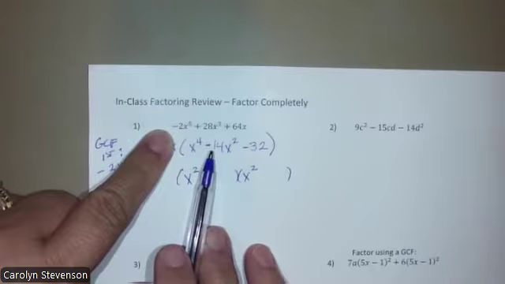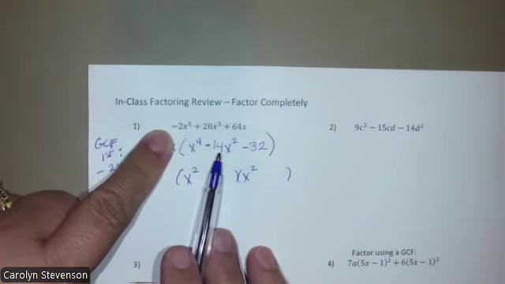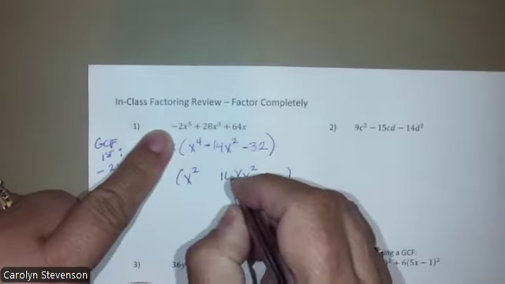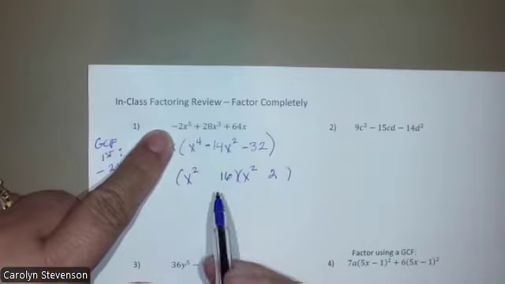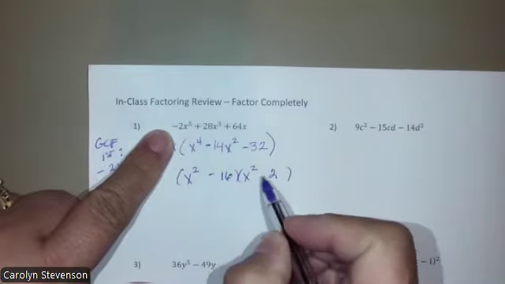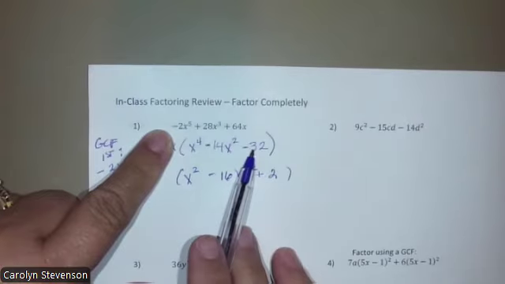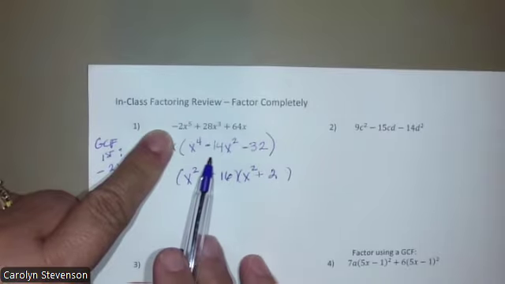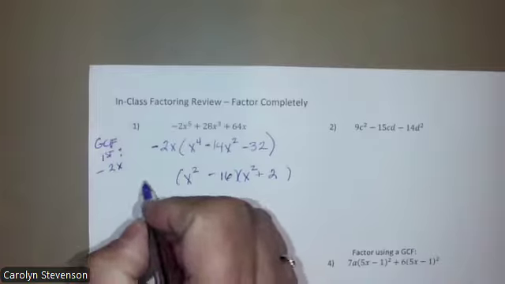So you could try 8 times 4, but that won't combine to 14. So 16 times 2 would work there. And we need -16, +2 to get a negative on the end, but have the -16 plus 2 combined to -14. And bring down your GCF.